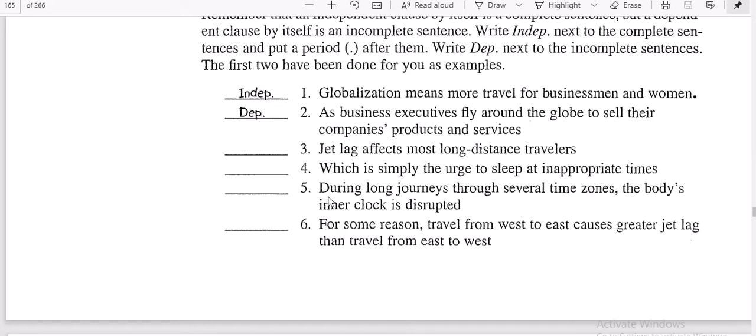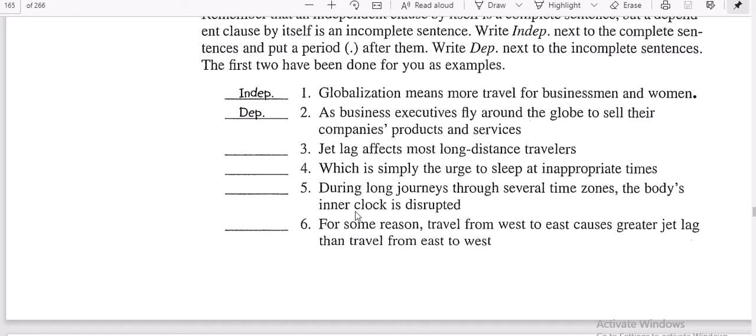During long journeys through several time zones, comma. So this is what? A subordinator? No, it is a complement, which can be at the end of the sentence, but here the author writes it in the beginning of the sentence in order to mislead you. So the real start of this clause is the body's inner clock is disturbed.